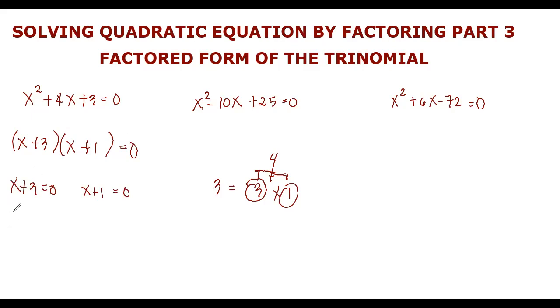It will become x is equal to negative 3, and for this part, x is equal to negative 1. So the solution of x squared plus 4x plus 3 is equal to 0 is x is equal to negative 3 and x is equal to negative 1. This is now the solution of the equation.